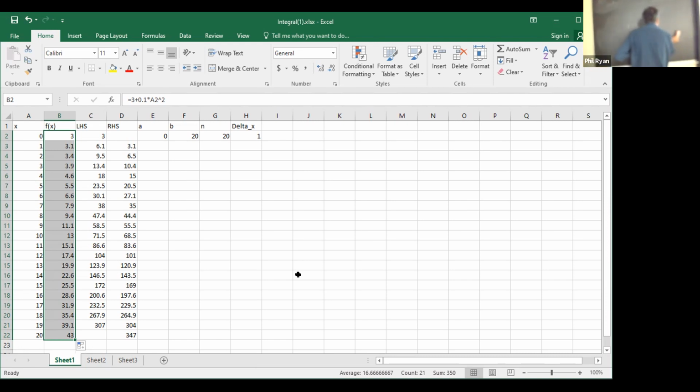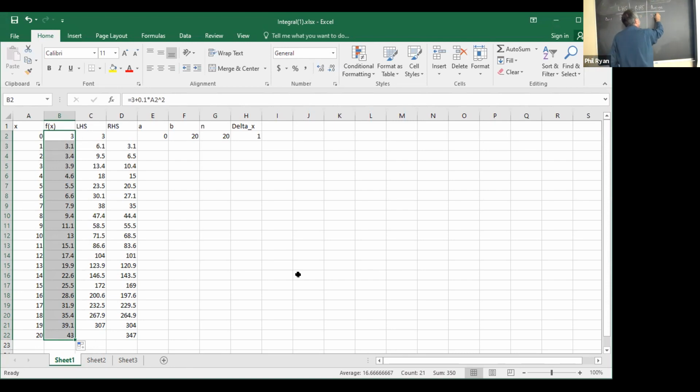So let's write down this information. Left-hand sum, right-hand sum. And so if delta x equals 1, the left-hand sum was 307, the right-hand sum was 347.